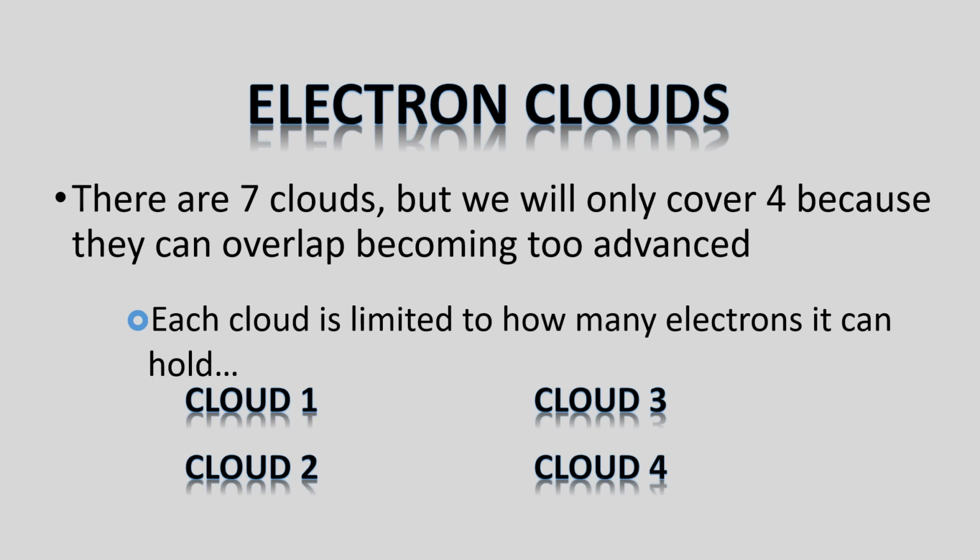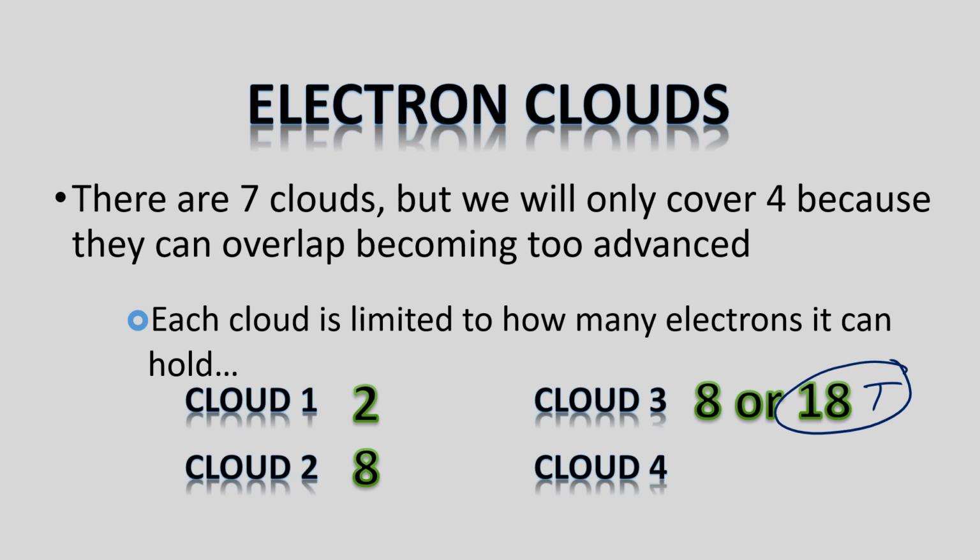And so each cloud is limited to how many electrons it can hold. Cloud number 1 can hold 2 electrons and only 2. Cloud number 2 can hold 8. Cloud number 3 can hold 8 or 18, and I'm going to put a T by this one, that's for transition metals. So we're going to focus on this. So 2, 8, 8.